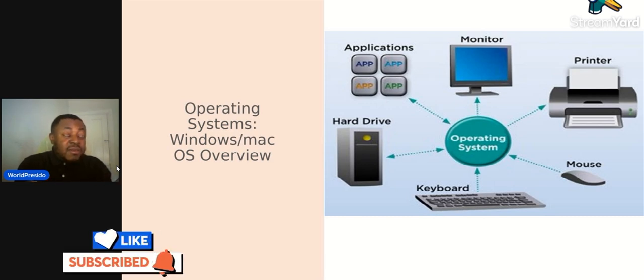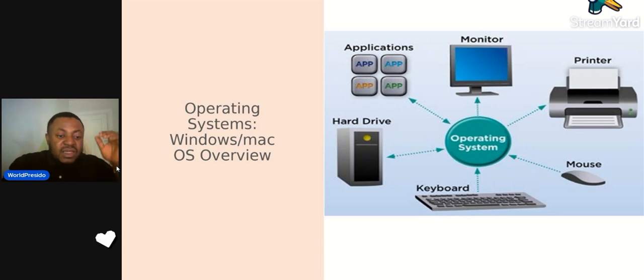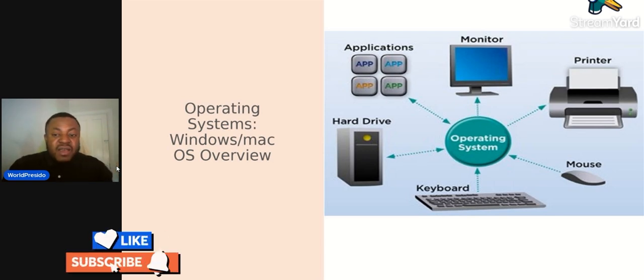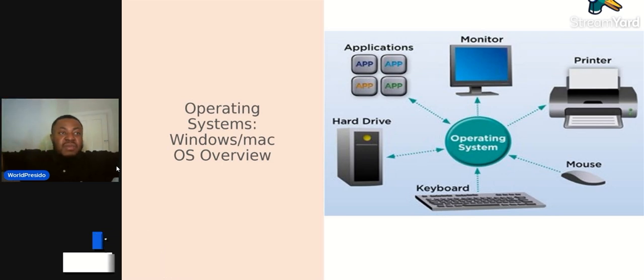It has more accommodation. Most industries use it as well, but we're not going to go into that. We're going into Windows. We'll just talk about Windows because it is likely what you will be getting exposed to in your everyday life. So the operating system manages the activities between the hardware and the software.